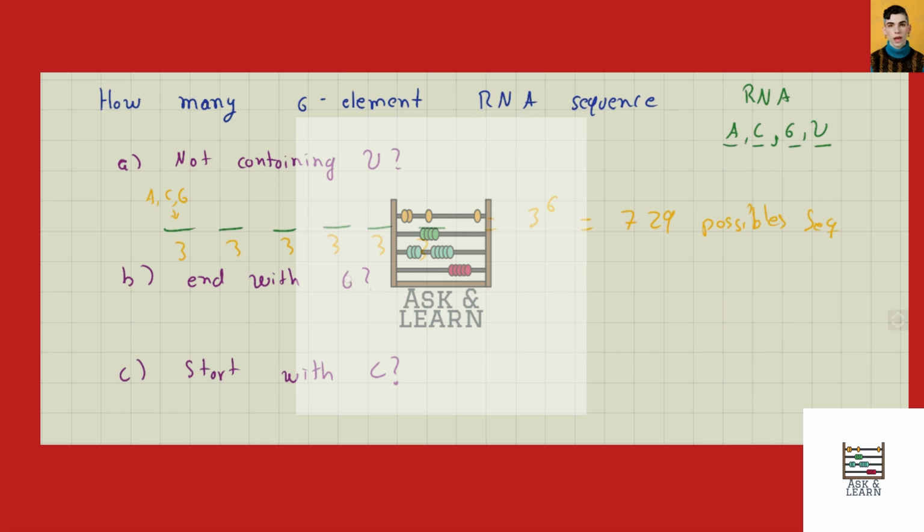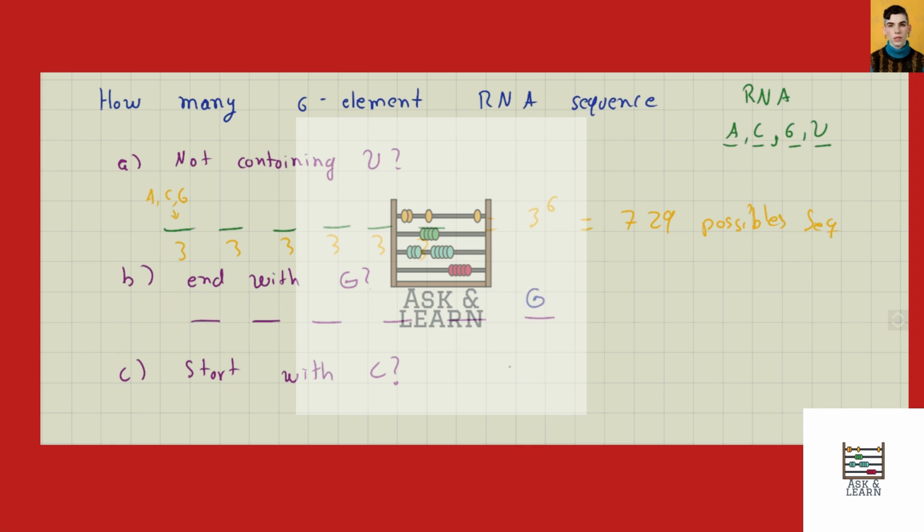The second part, well, this is a G, it's not a 6, so let me read it better. Okay, G. So now we need to count how many of the sequences there are if the sequence ends with a guanine base. So 1, 2, 3, 4, 5, 6. Now the last will be fixed.